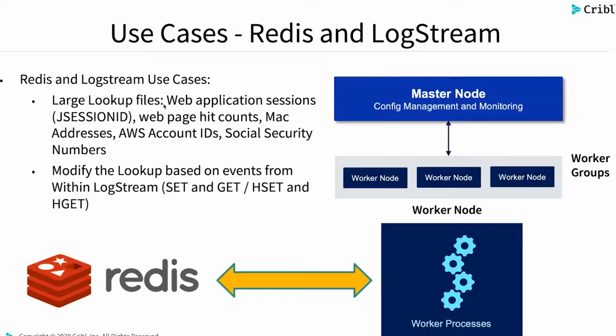And so, for example, you could have a JSession ID table that gets modified every millisecond, and we can use that as a lookup to make sure that LogStream has the latest and greatest information at the time of the lookup without really the impact that otherwise would be on the worker process memory. For example, you can load in the entire Social Security numbers of the US.